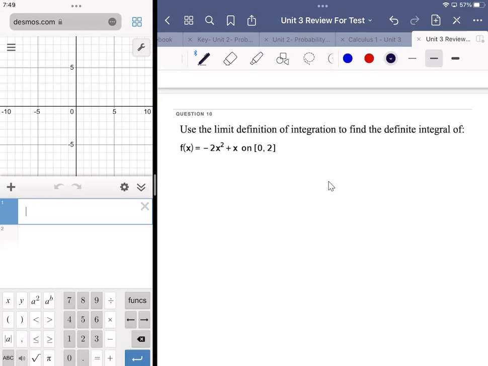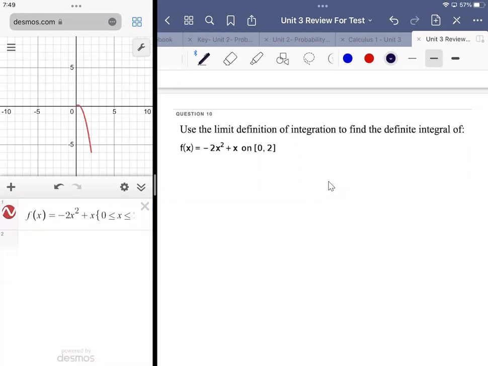So f of x is equal to negative 2x squared plus x. So that's my function, but I only really care about it over the interval of 0 to 2. All right, so that's this interval here.